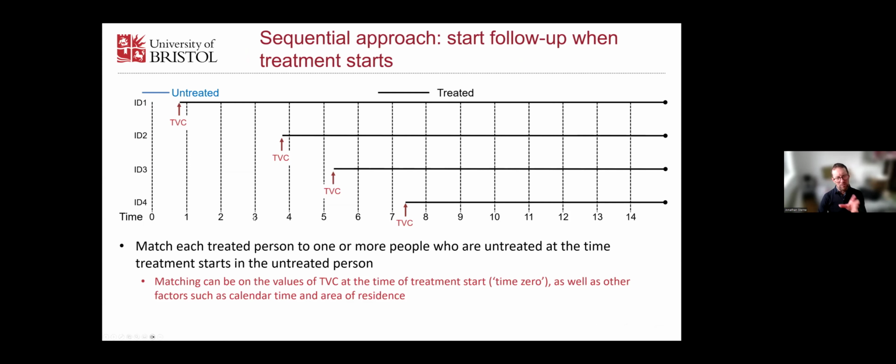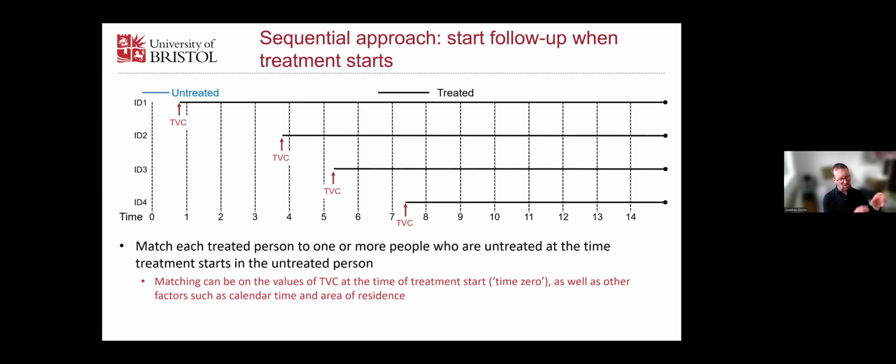So in the sequential approach that has been implemented in the analyses I'm going to show you now, the approach was to match each vaccinated person to one person. In principle, there could be more than one, but in our case, one person who was unvaccinated on the same day that vaccination happened in the vaccinated person.